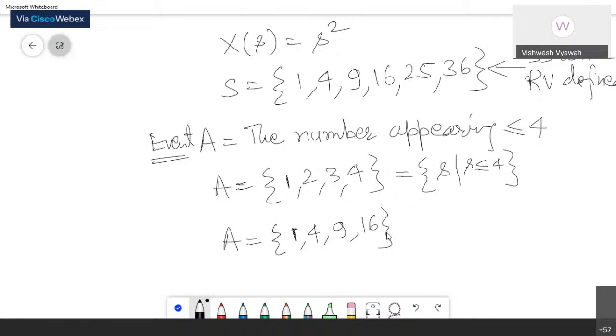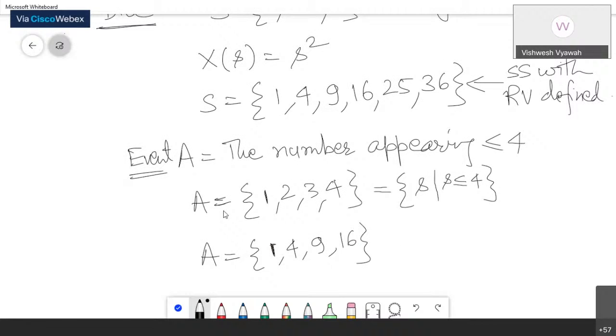Do you agree with this? Very important definition. So A is the event which has the characteristic that the number appearing on the dice when it is thrown is less than or equal to 4. So A can be written as 1, 2, 3, 4 for the original sample space, and it can be written in this crisp set theoretic representation as all s such that s is less than or equal to 4.